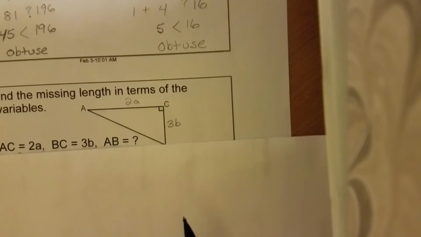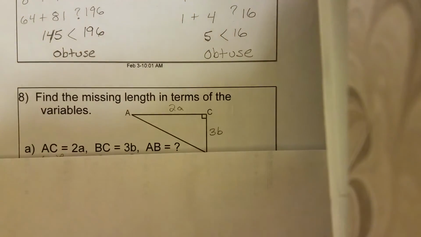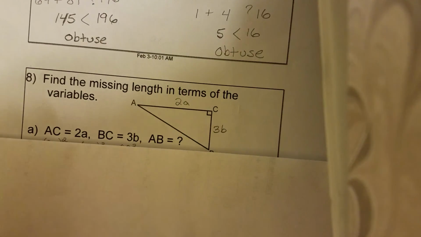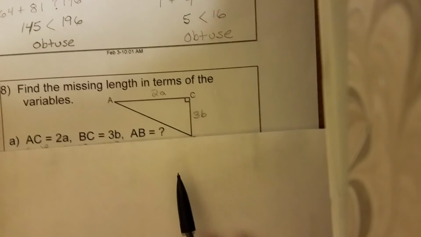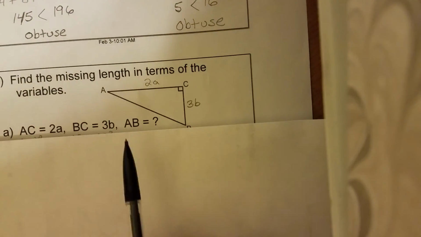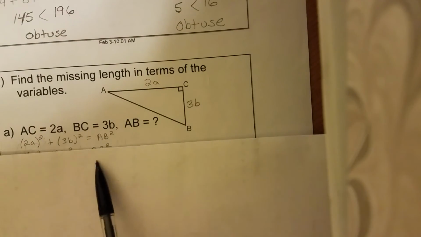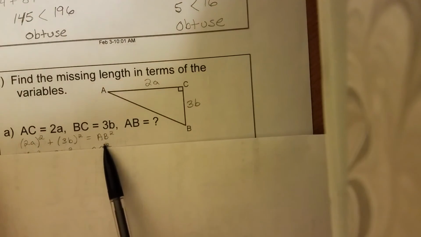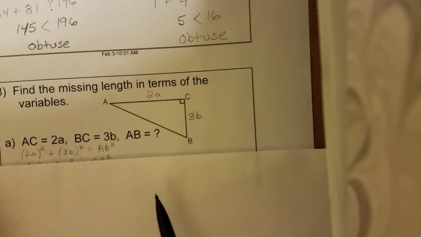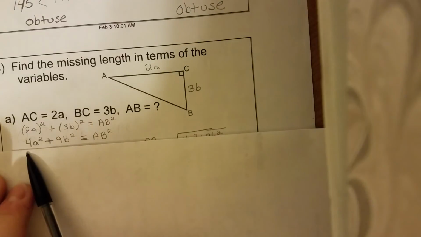Okay, so for the next ones here, it just says find the missing length in terms of the variables, and so you're really just substituting into the Pythagorean theorem, and you're just simplifying as much as possible. So obviously these are my legs. So I did (2a) squared plus (3b) squared equals (ab) squared, because I'm trying to find the hypotenuse, and then I squared everything.